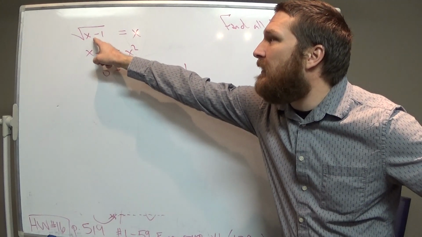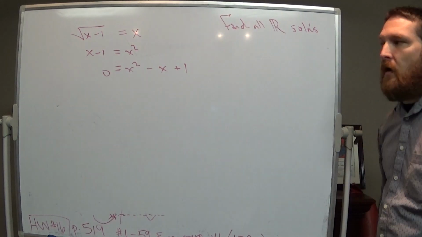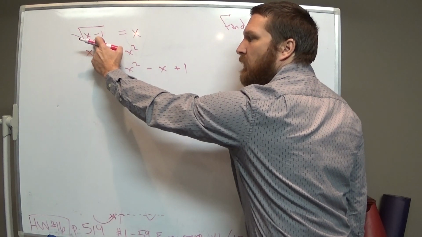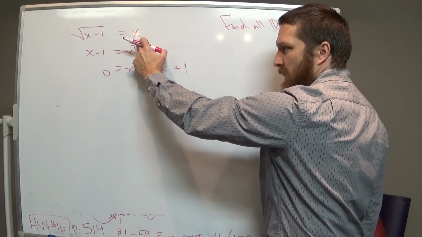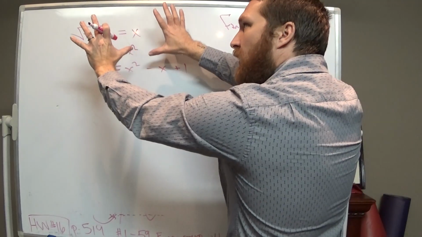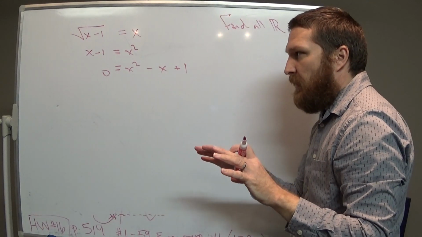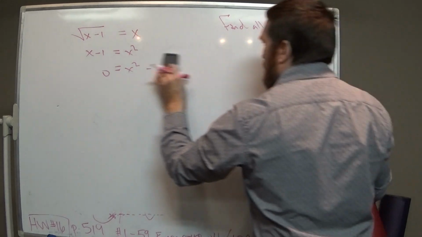I'm going to have to come back here and say, well, hold up, because if you got like -2 was one of your answers, and you plug it in there, the square root of -3 is not equal to -2, right? Whenever you square an equation, you're going to have to go back and make sure that all of the answers you get are legit.